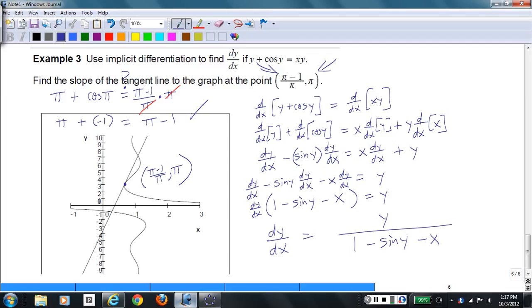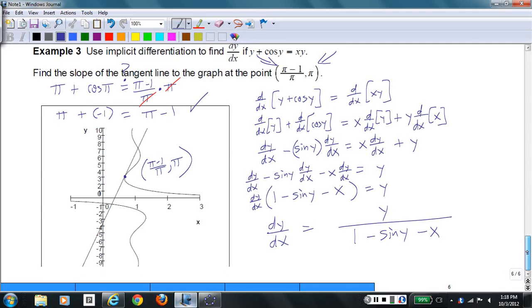And it is. So, when we substitute pi for y in this expression, and pi minus 1 over pi for x, it will actually tell us the slope of this tangent line. So we do it.